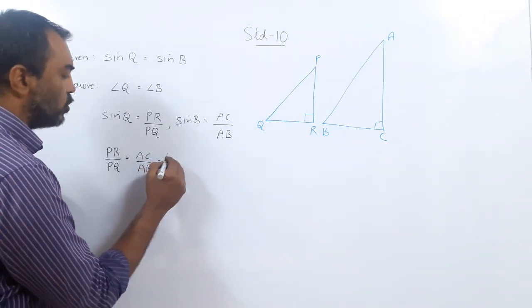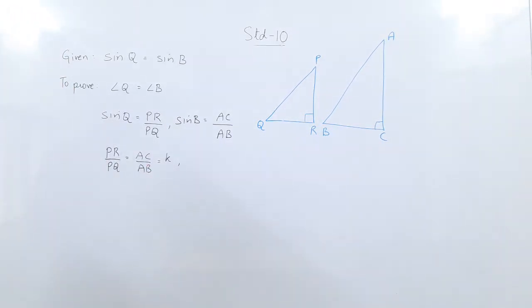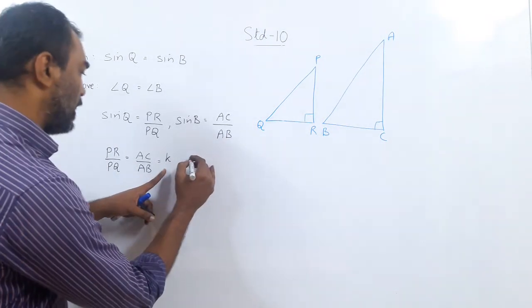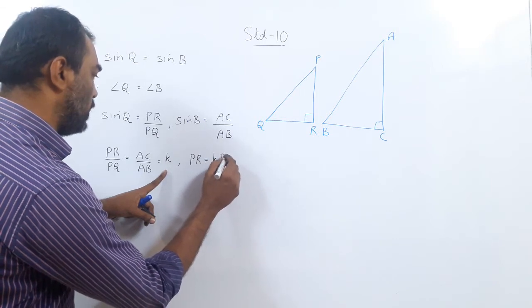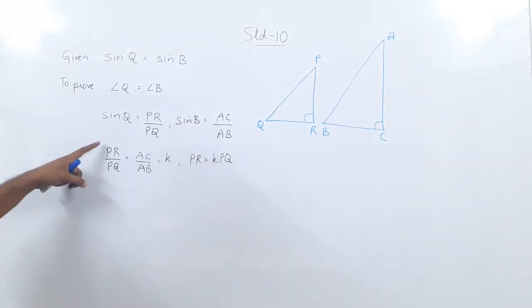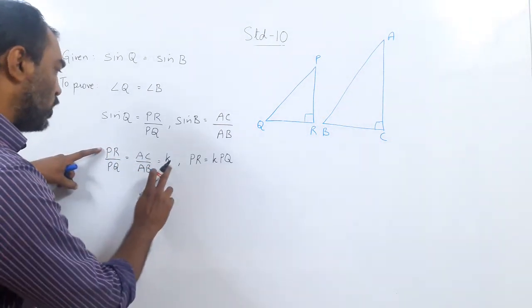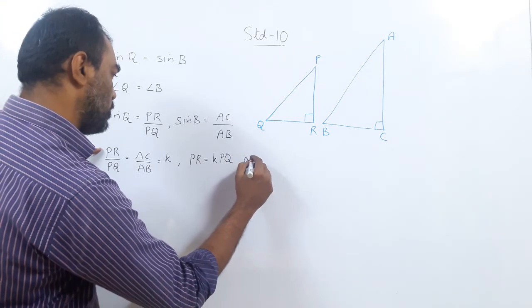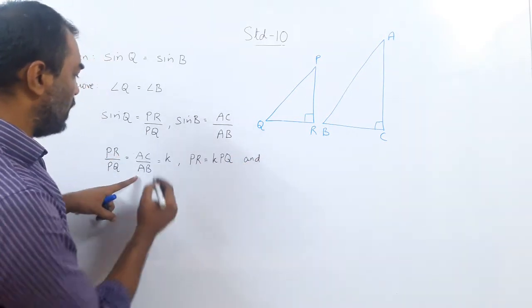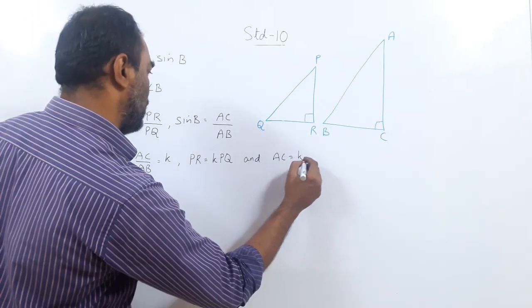Let me call the ratio K. So if PR upon PQ equal to K, then PR equal to K into PQ. Did you follow this? And if AC upon AB equal to K, then I can write AC equal to K AB.